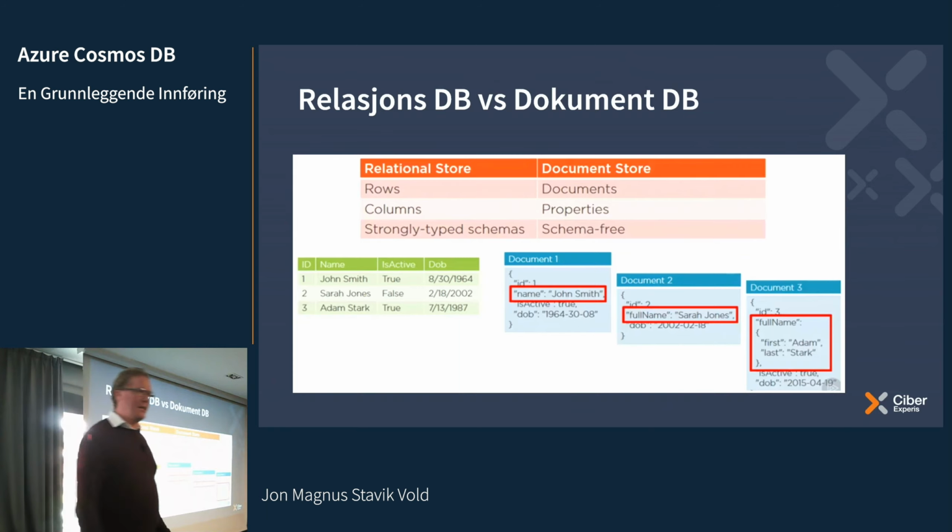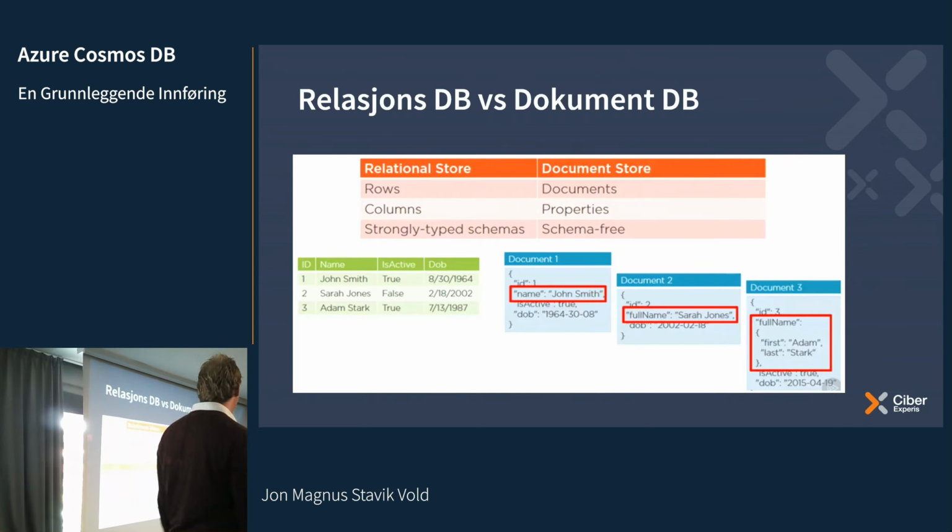And the relational database versus document database. Relational databases are what we are used to, with rows and columns and strongly tied schemas, like this example. And document databases have documents for rows, properties for columns, and are schema free.